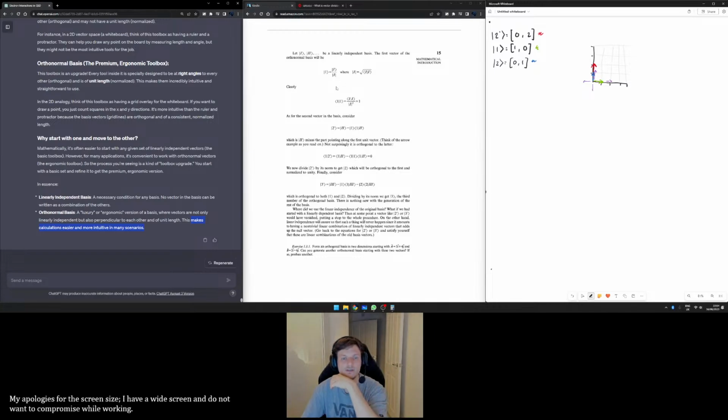Well, we used the linear independence of the original basis to get our new tool, basically. So it asks, where did we use the linear independence of the original basis?